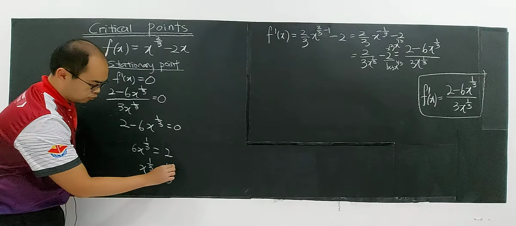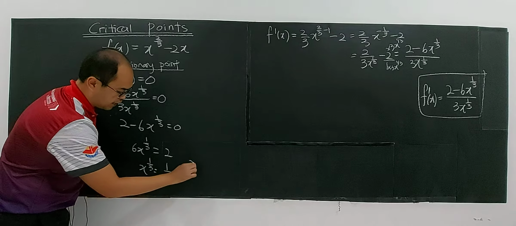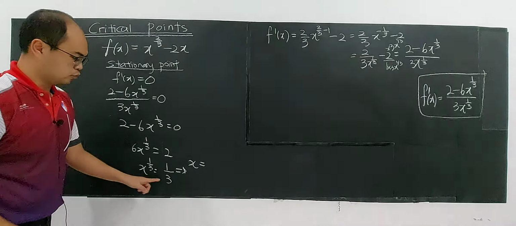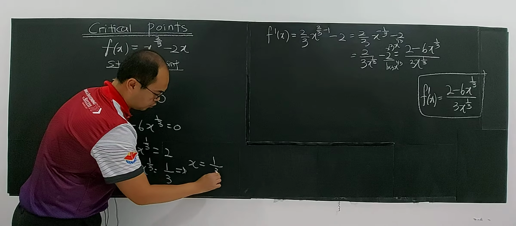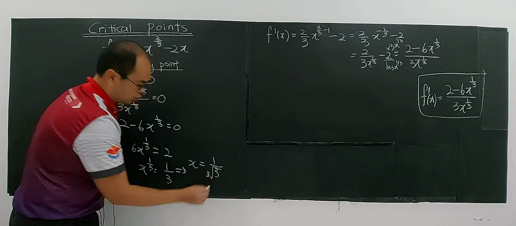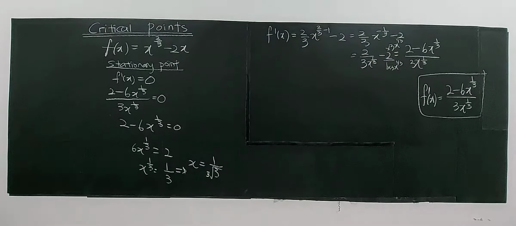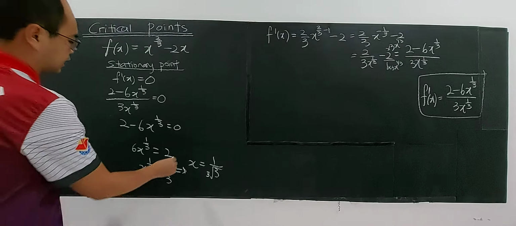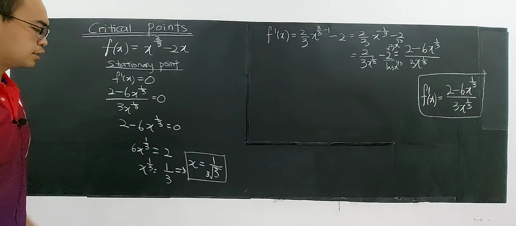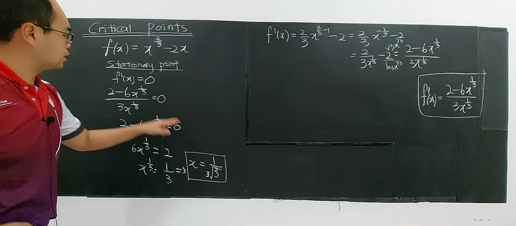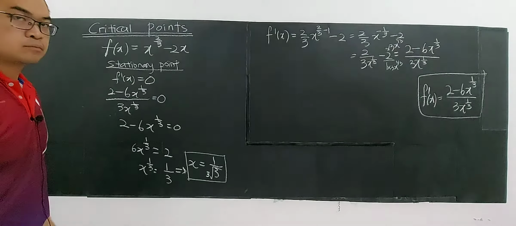So the value of x is the cube root of 1 over 3. I will consider this x as a critical point, a critical number, where x gives f prime x equals 0.